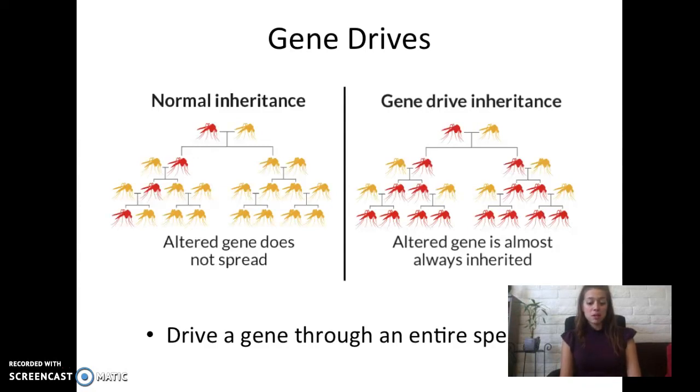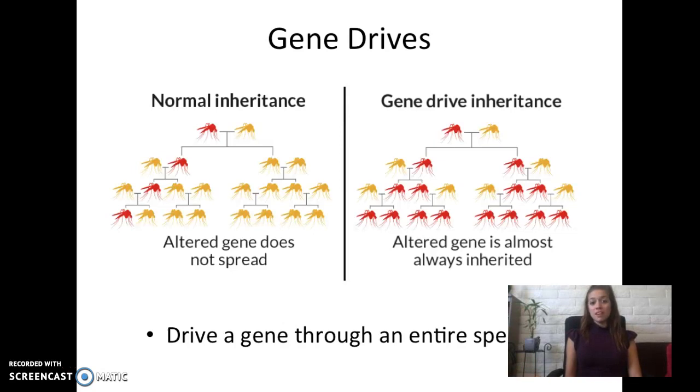Gene drives, on the other hand, ignore natural inheritance laws. Scientists found a way to edit the genome so that they can almost guarantee that a trait is always inherited. This means that virtually all subsequent offspring will receive that trait. This is depicted by the red mosquitoes.